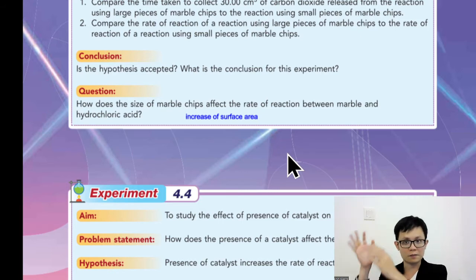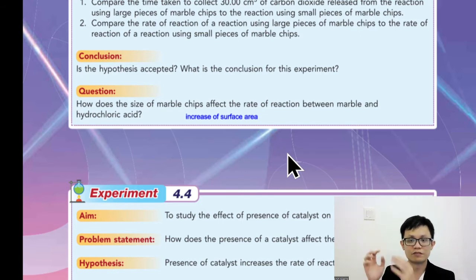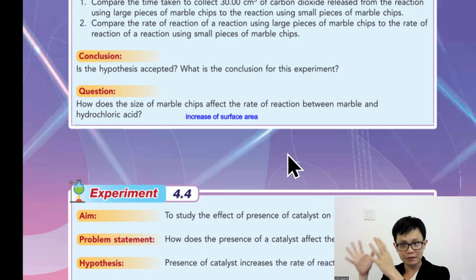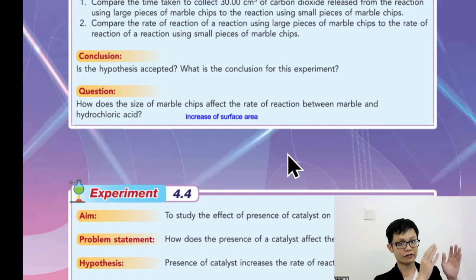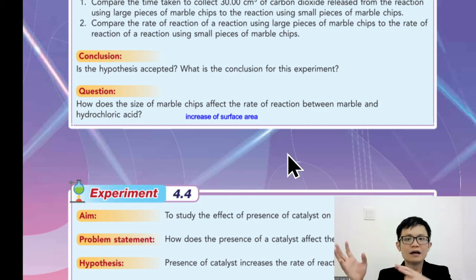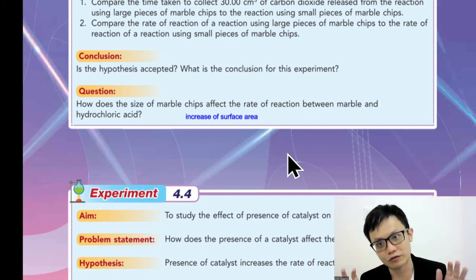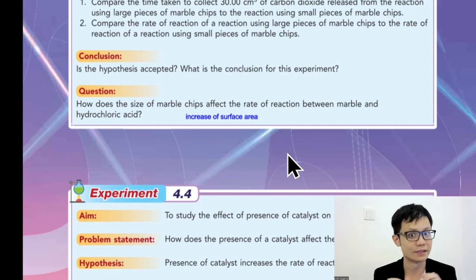So 3 keywords. Or if you use a big marble chip, surface area is little, therefore the rate of reaction is also less. This is the 3 keywords. How you write the sentence is up to you, but the keywords must be there.